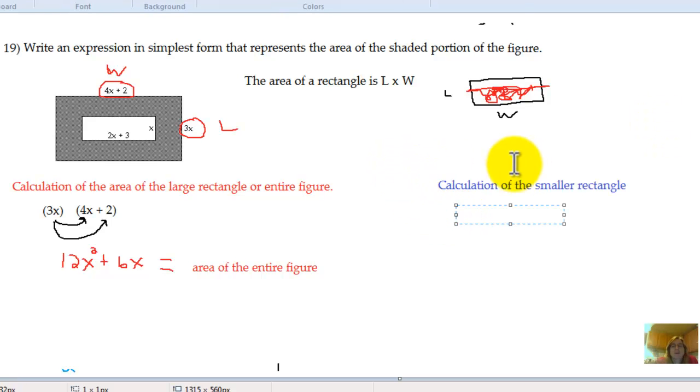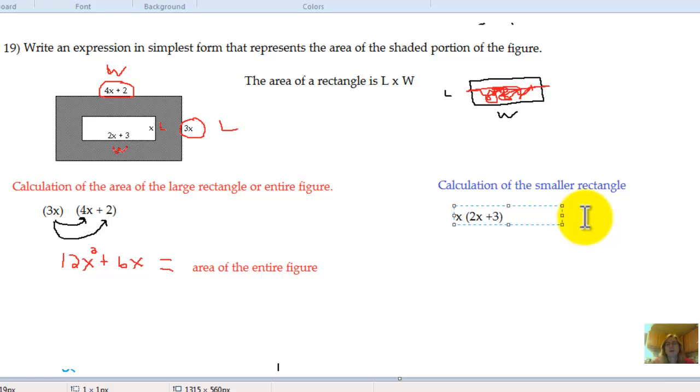Okay, so the smaller rectangle is going to be represented by this length times the width. This length here, x, times the width here. My son is messing. Okay. So x times the 2x plus 3, and we'll type that in over here.